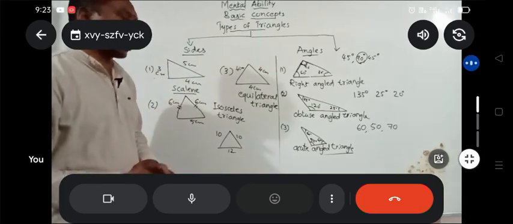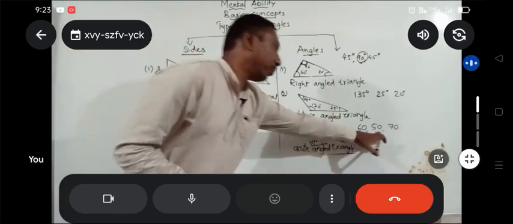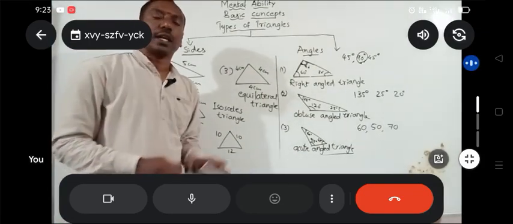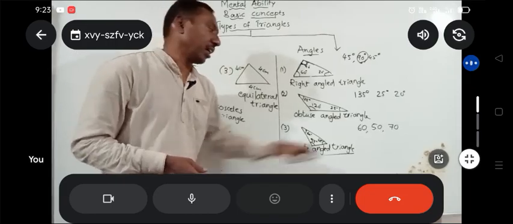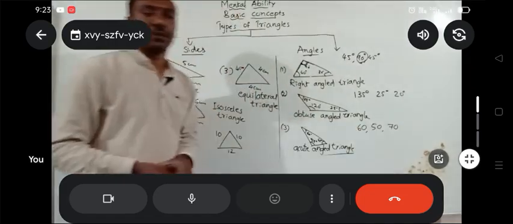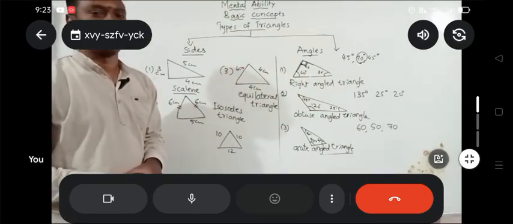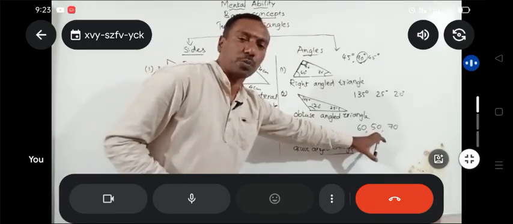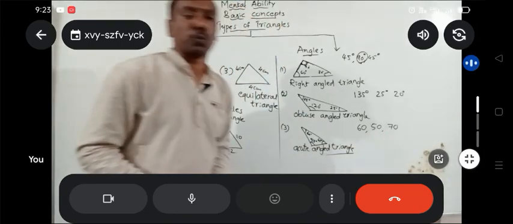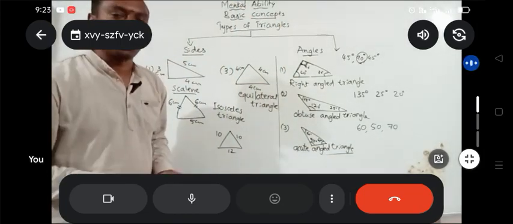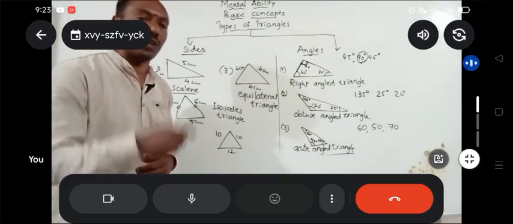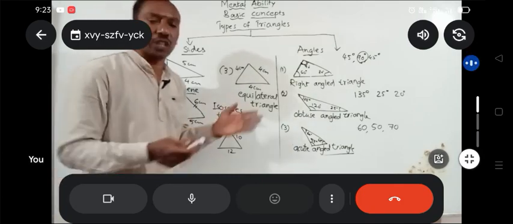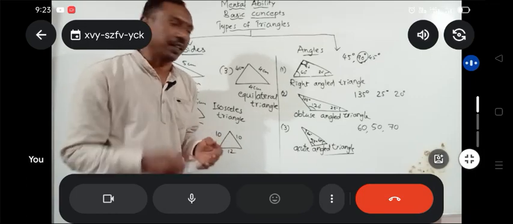Can you find an obtuse angle here? Obtuse angle means the angle should be more than 90 degrees. Is there any angle which is more than 90 degrees? No, you cannot find it. 60 is not more than 90 degrees. 50 is also not more than 90. 70 is also not more than 90 degrees. Now, keeping that in mind, can you revise your answer? It is not the obtuse angle triangle. Can you try it?